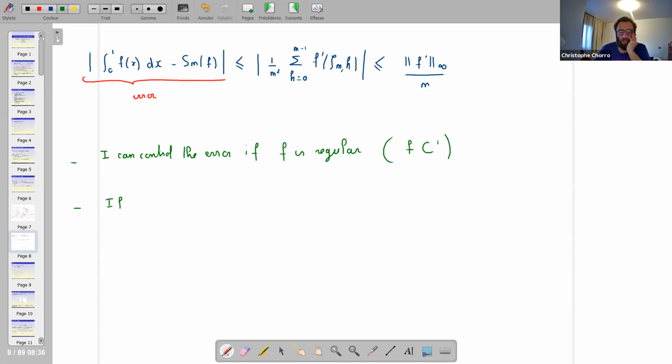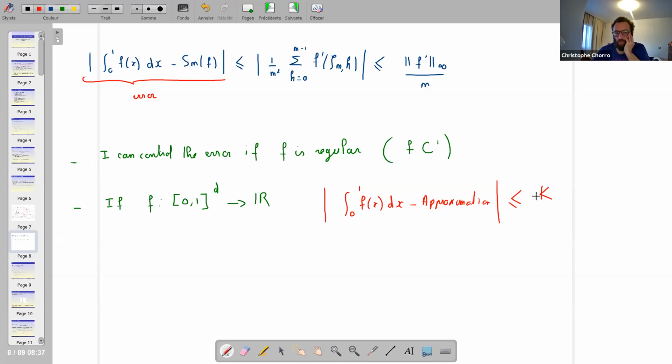If you take f from [0,1]^d to R, you will obtain, doing exactly the same thing that I have done previously, that the integral, which is now a multiple integral with respect to the Lebesgue measure, minus your approximation will be less than a constant k over n to the power 1 over the dimension of my problem.